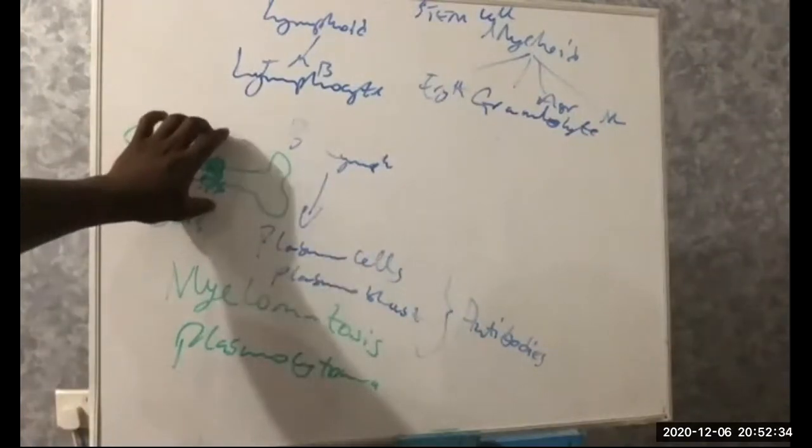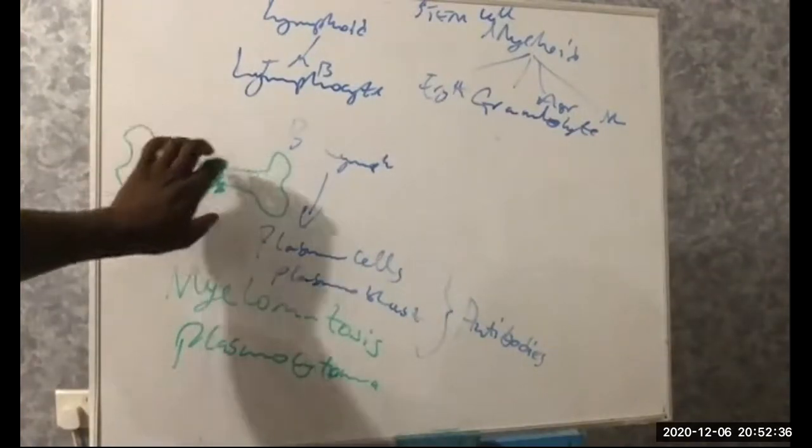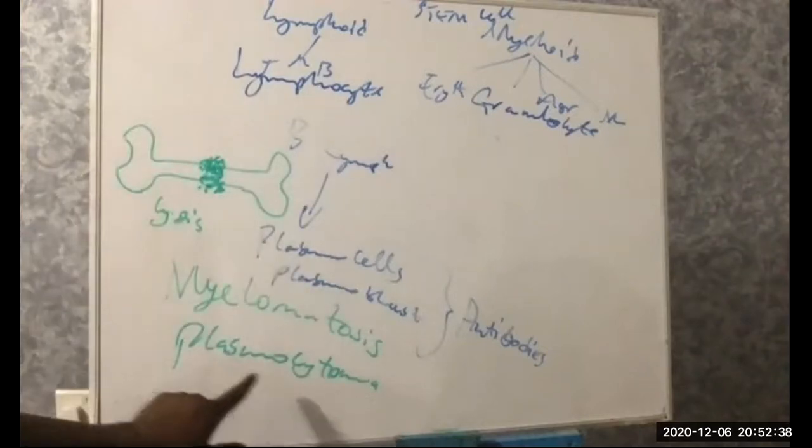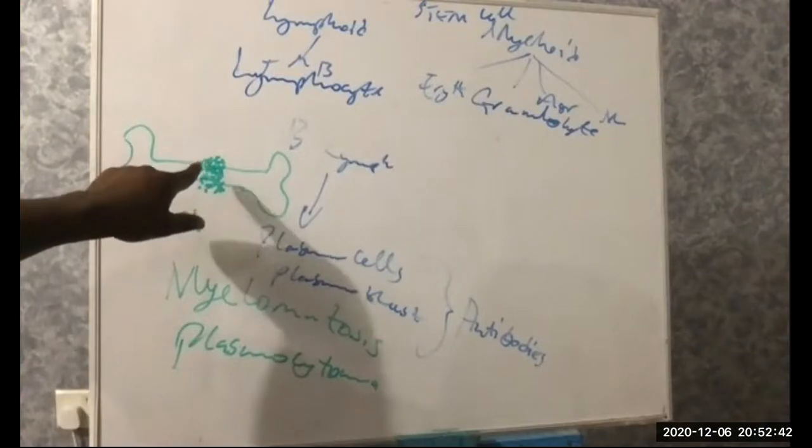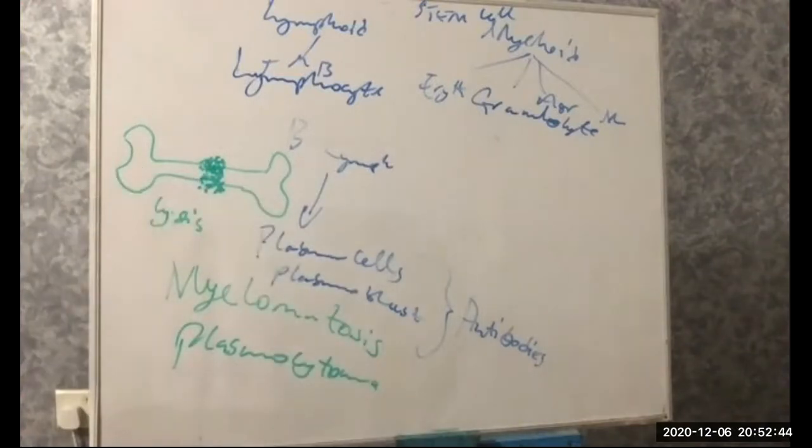But when it is confined in a bone, forming the plasmacytoma, then they cause excessive damage to that bone. Does anybody have any questions? So basically, multiple myeloma will lead to excessive plasma cell production in the bone marrow, and it will destroy the bone. Okay, so let's move on to the next question, please.